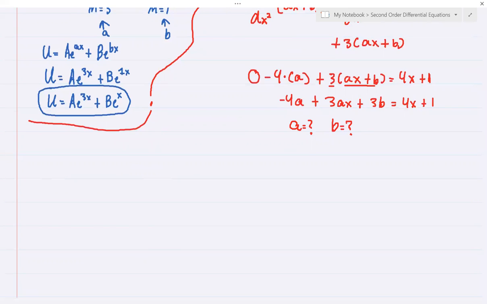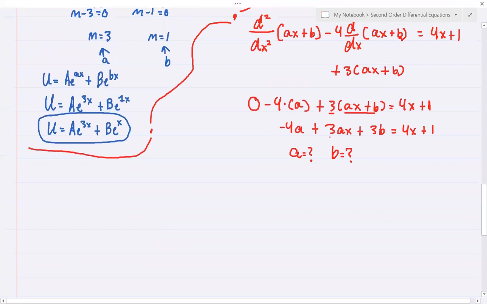Basically, to find your a and your b, we're just going to use the method of getting similar terms on the left side and the right side of the equation. First, what is the similar term of your 3ax on the right side?